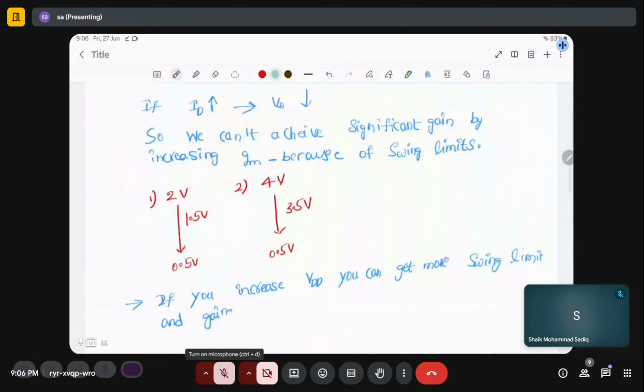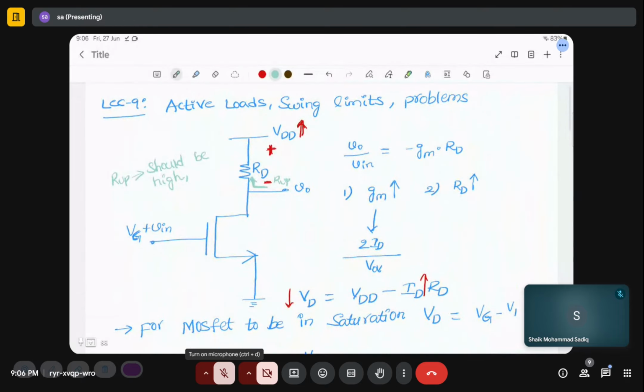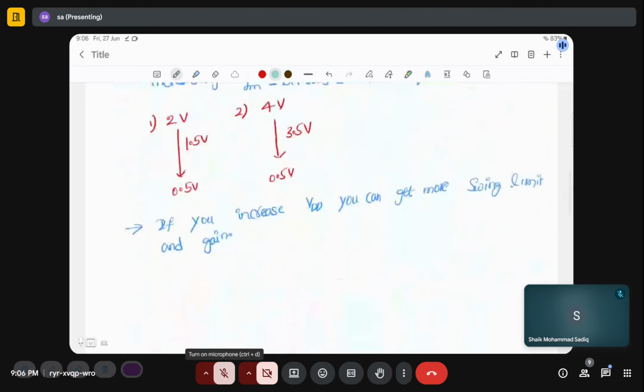Whereas when you have RDS, it will be around 1 volt, 0.8, 0.9 volts, depending upon your current value.